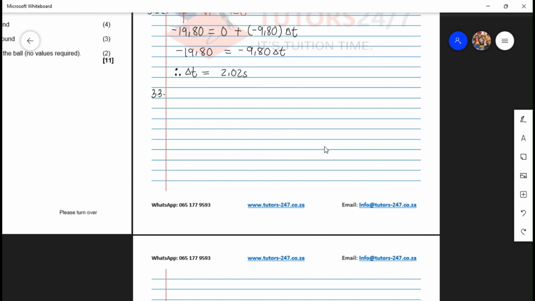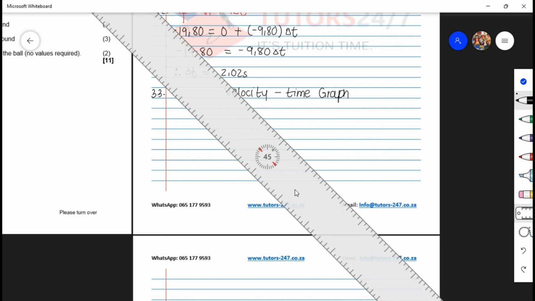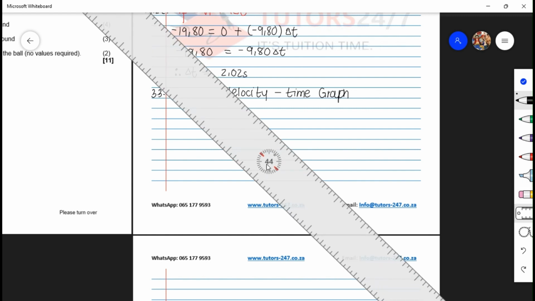So because we are dealing with negative velocity values, because we had 0 and negative 19.8, we are going to go with the quadrant that gives us a negative y-axis, which is quadrant 4. So we are now going to sketch a velocity versus time graph, and it is going to be within quadrant 4.